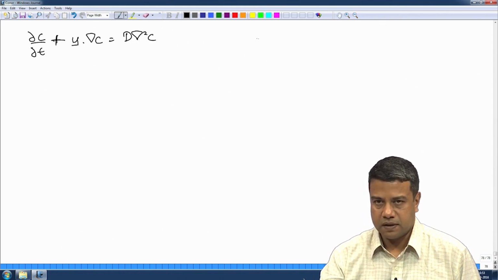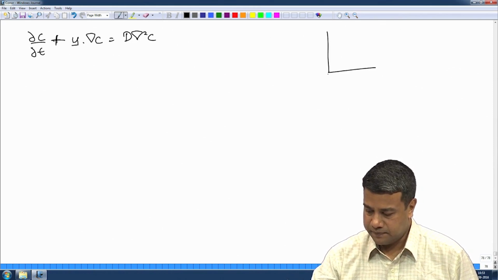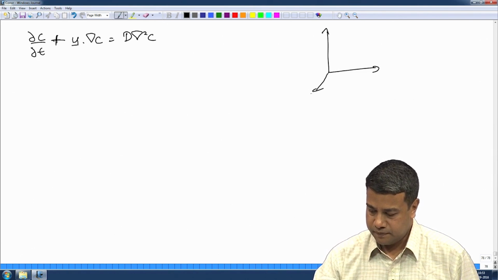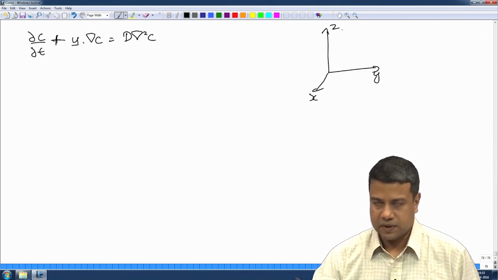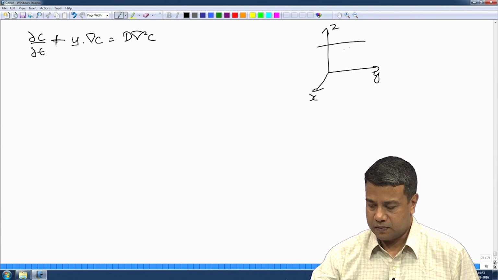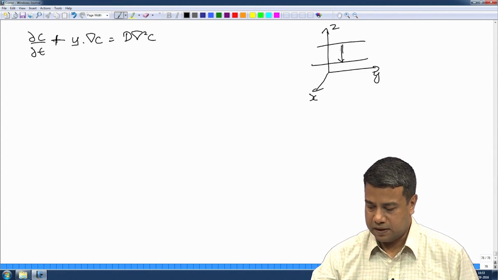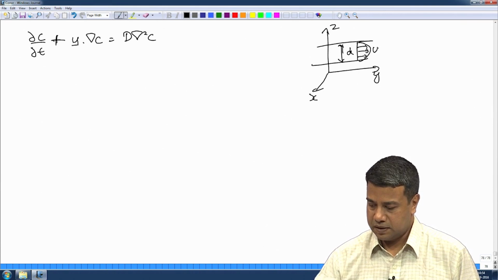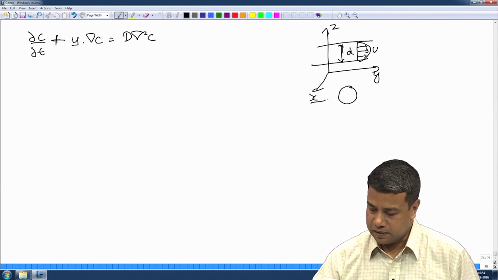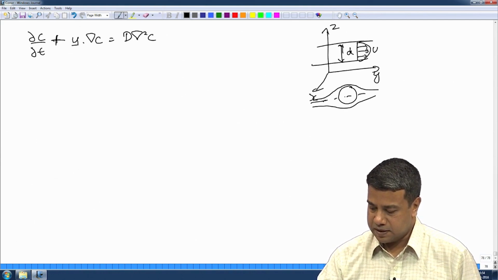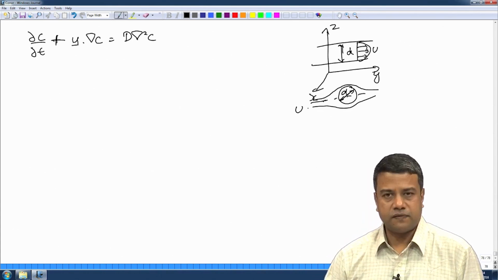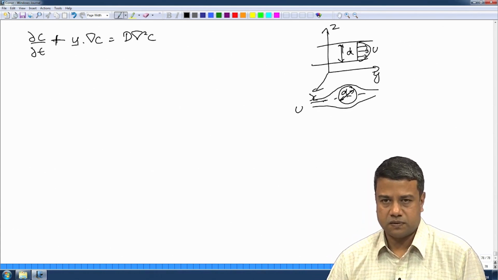And if I have some configuration, such as for example the flow through a pipe of some diameter d, with some average velocity u, or the flow past a spherical particle, or some other particle. The characteristic dimension in this case is the particle diameter d, and the free stream velocity far from the particle has some velocity u.